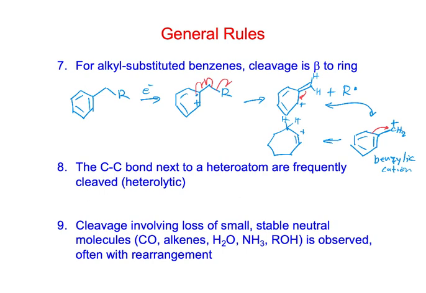Plus is on this double bond like this. And then this goes through a further rearrangement, a 1,2 hydride shift essentially here. And we end up with a cation like this.